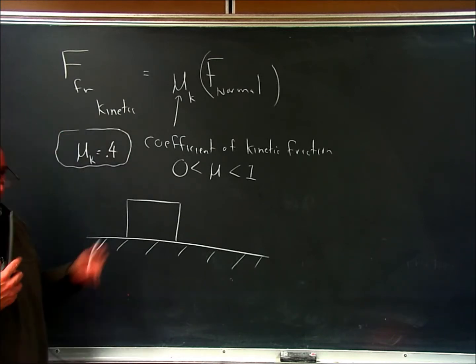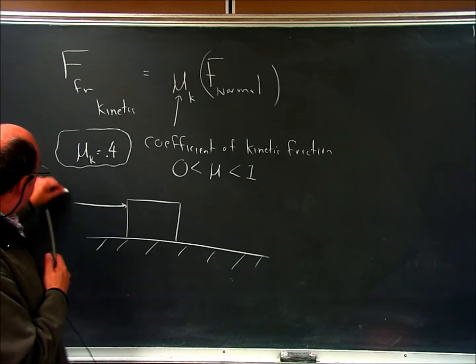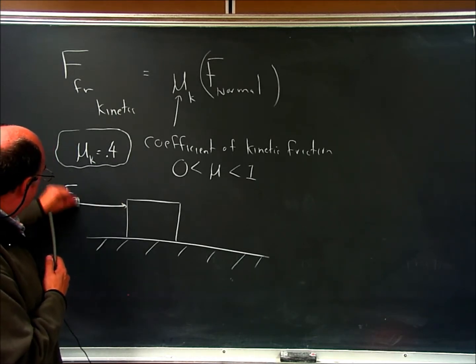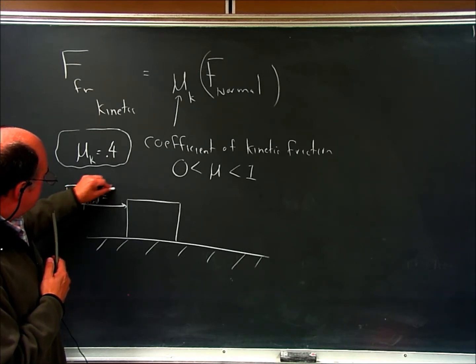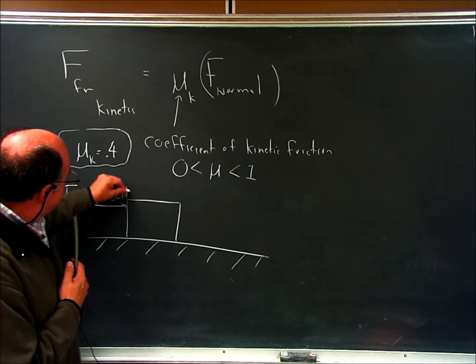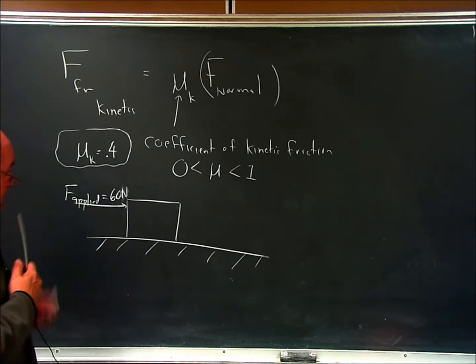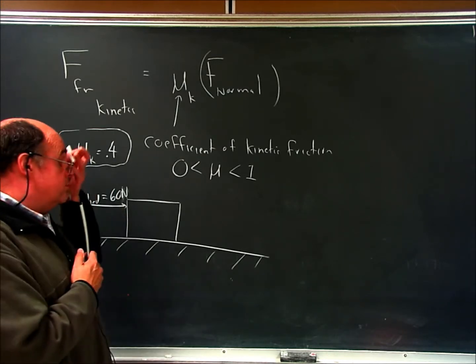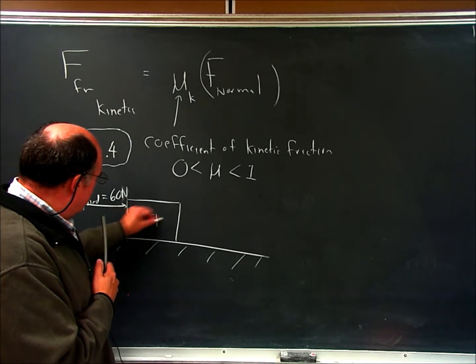Now, I could go up to this box and push on it. So if I was over here pushing on this box with an applied force of, let's just say, 60 newtons, and let's say the box has a mass of 15 kilograms.